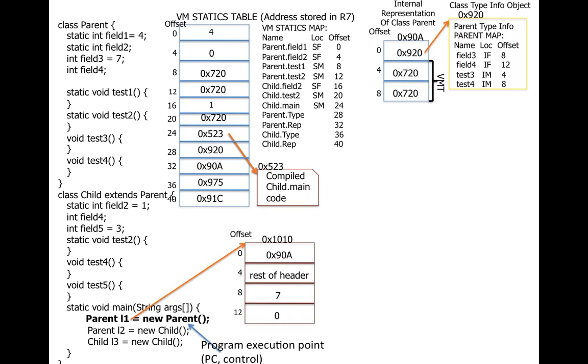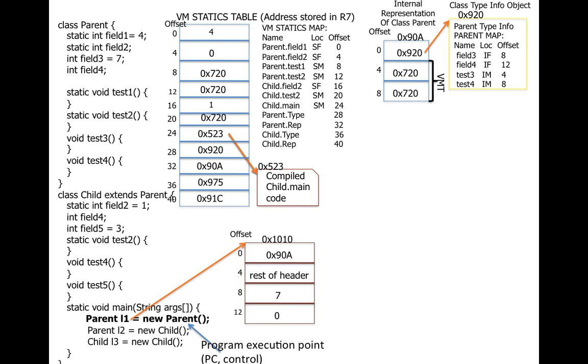The first instruction in the method main allocated an object in the heap. This is going to be the runtime heap. So when this actually executes, it's going to be the runtime heap of the VM into which a parent object is created. We then call the parent constructor, the default parent constructor, and the combination of those two things produced the object that the variable L1 of type parent is pointing to.